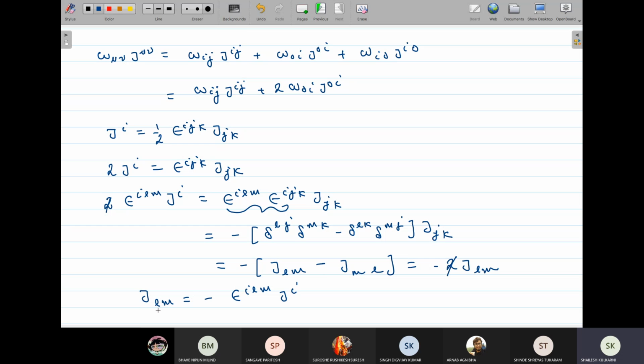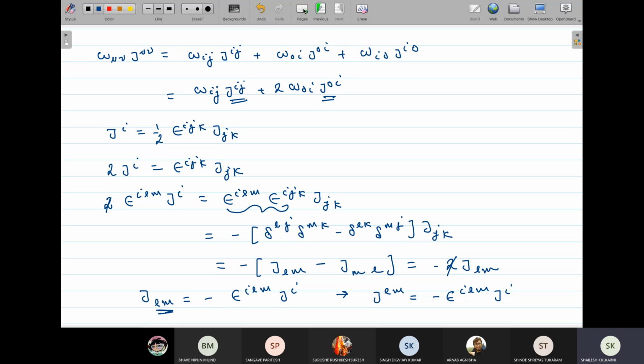Since there are two spatial indices, if I take both up, there is no sign change. So you can substitute now for this expression, and here a similar kind of expression.